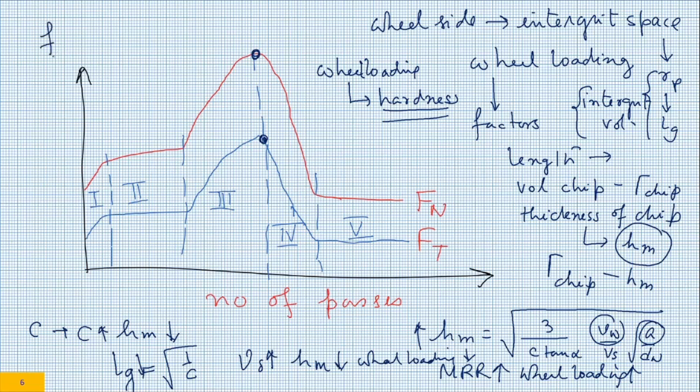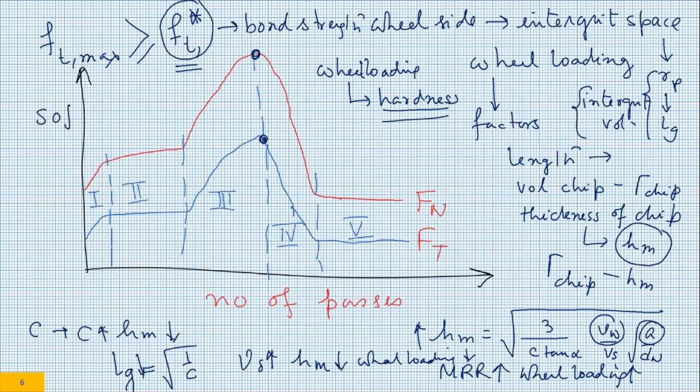Why? Because Ft max at which auto sharpening takes place would take place when Ft max is more than this particular value, which is the bond strength, or which is related to bond strength. So if bond strength is low, your auto sharpening will take place readily. If your bond strength is high, then your auto sharpening would not take place readily.